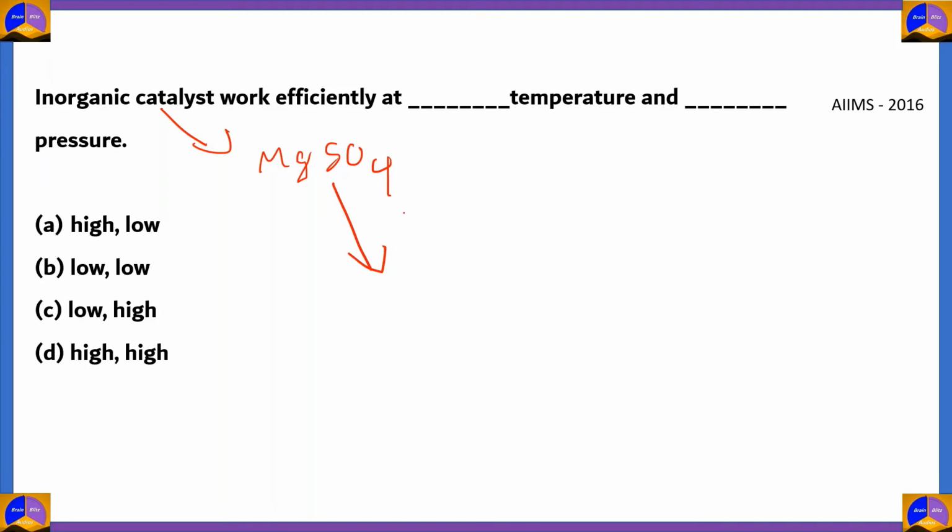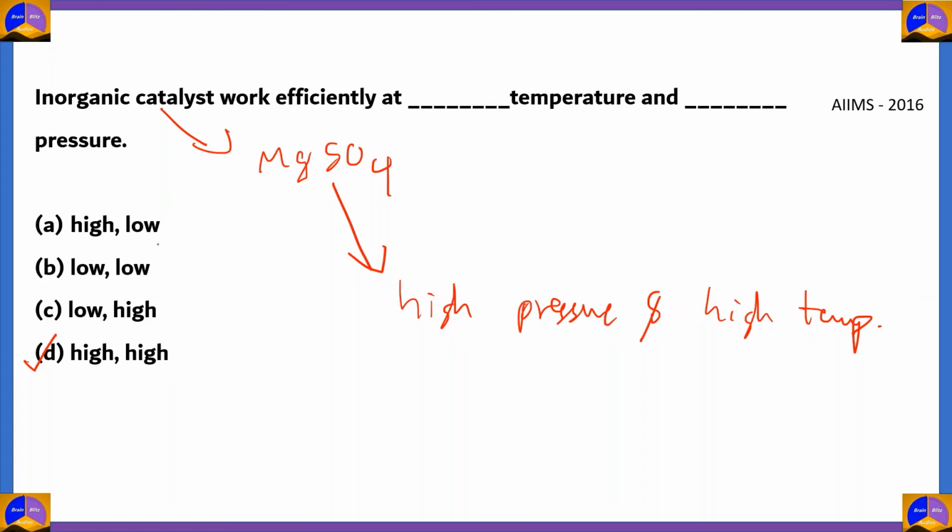In order for this inorganic catalyst to work, it needs high pressure and high temperature. So therefore, using this example, we can conclude that option D, inorganic catalysts work efficiently at high temperature and high pressure, is the right answer.